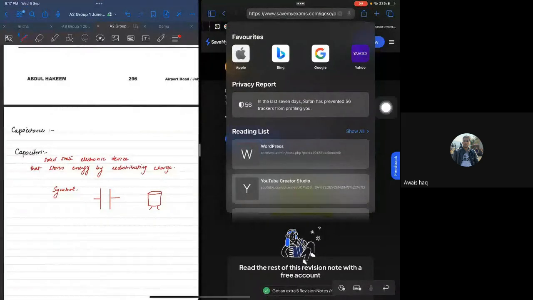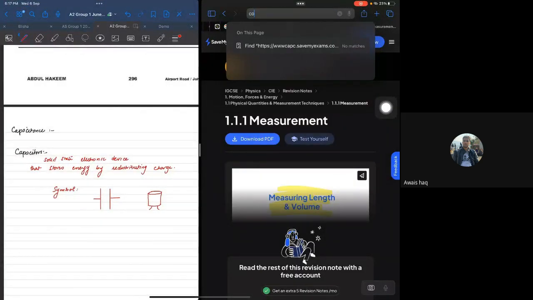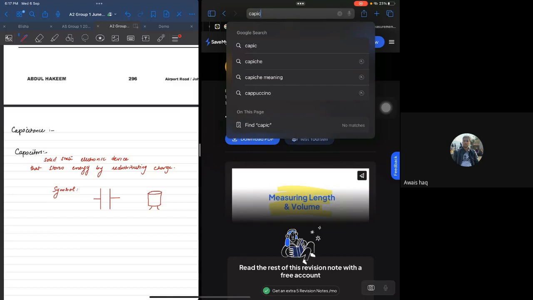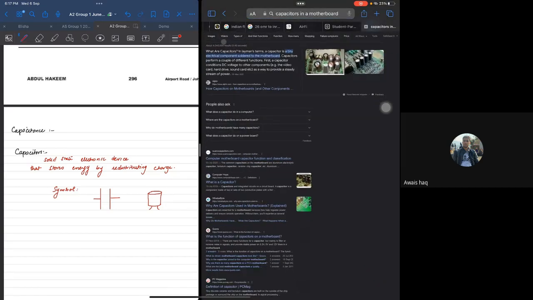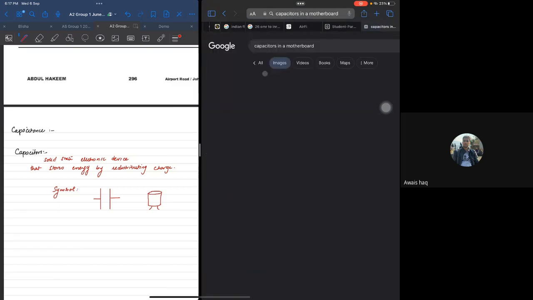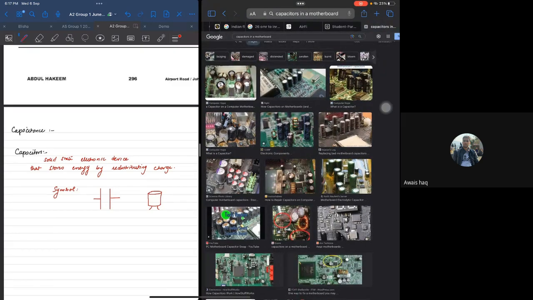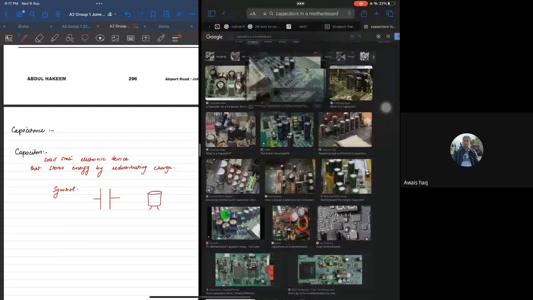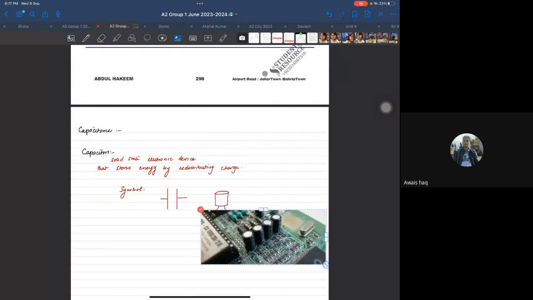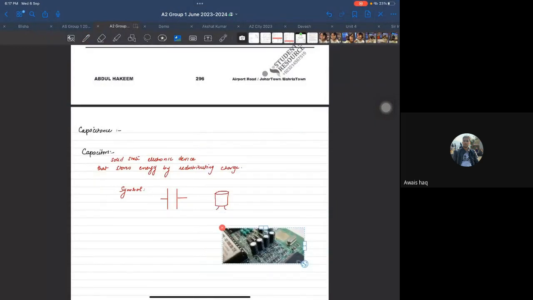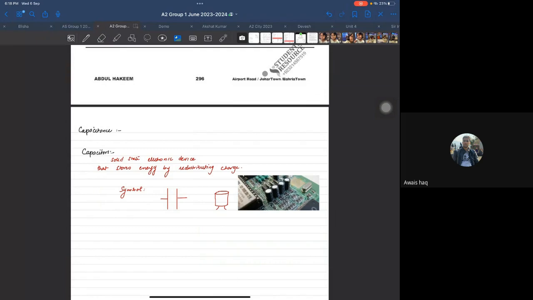They might have seen these capacitors in a motherboard. If you ever look into your computer, you might find these cylinders. These are capacitors.